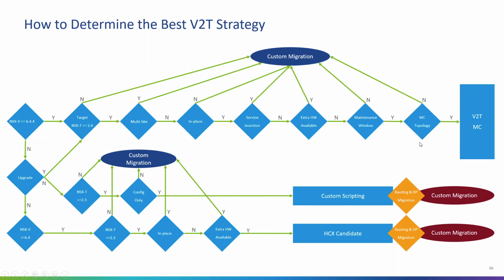Now there's a little bit of flexibility in terms of the in-place capabilities of migration coordinator for the firewall rules. But from a networking standpoint, if you don't meet the criteria, or if you're doing the universal objects, multi-vCenter, multi-site NSX, then you're going to be led down the path of a custom migration.